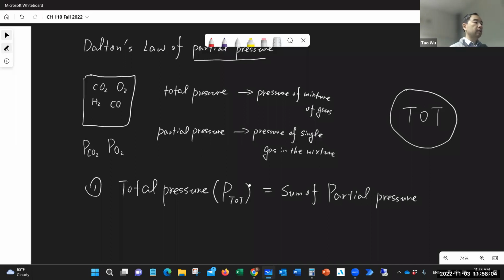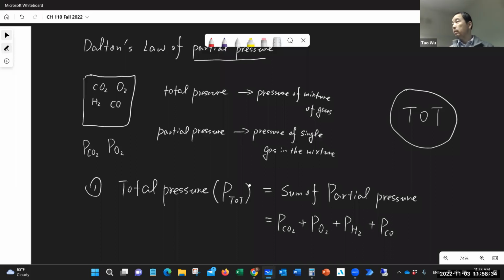So if this case has 4 gases over there, then the total pressure of this chamber is just equal to the partial pressure of the CO2 plus the partial pressure of the oxygen plus the partial pressure of the hydrogen and plus the partial pressure of the CO. Okay, so total pressure is equal to the sum of the partial pressure of each of the gases.